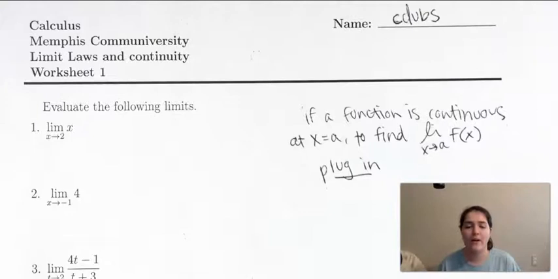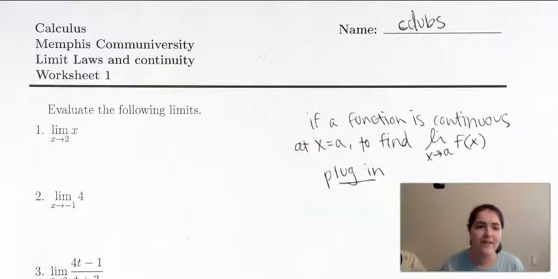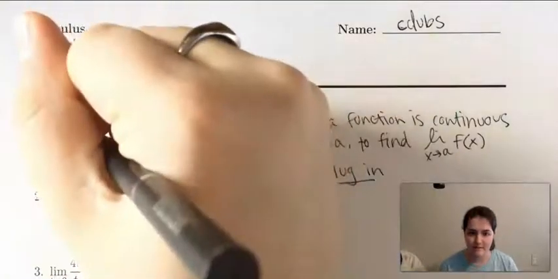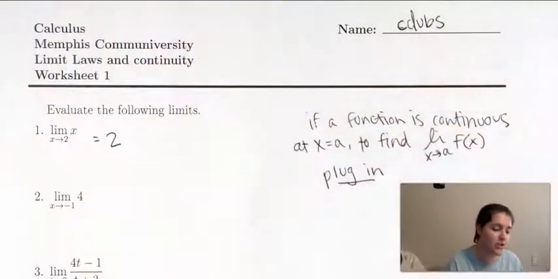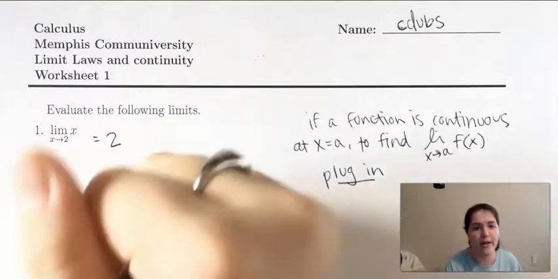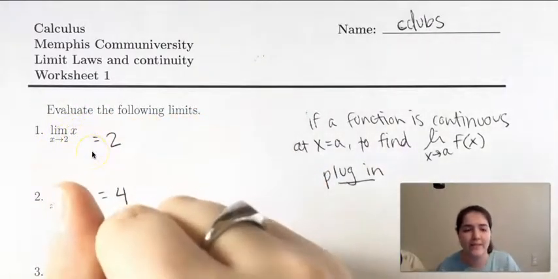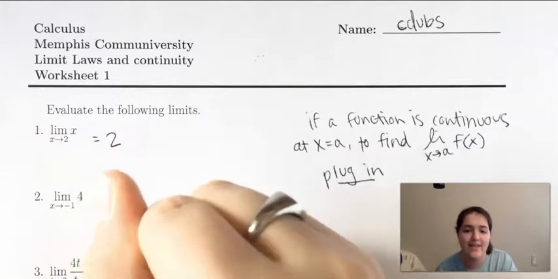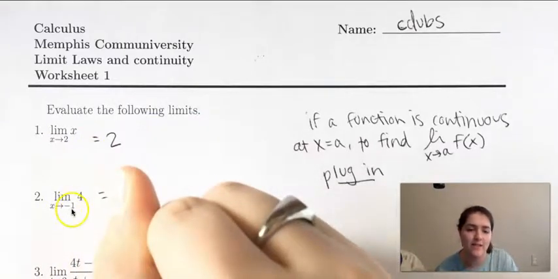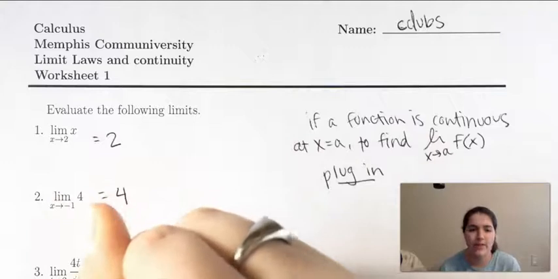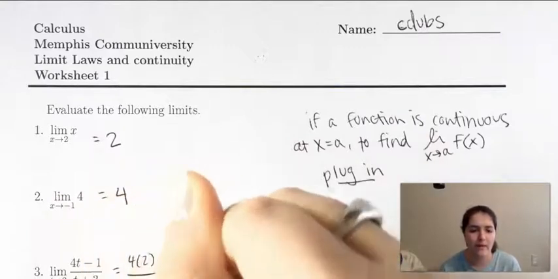All right, our first problem. Since we're just plugging in, the first couple of problems are pretty easy, because it's just plugging in the value for x. For the first one, we plug 2 into x, so we get 2. For this one, there isn't anything to plug into, because there's no x, so we just keep the same number, 4.